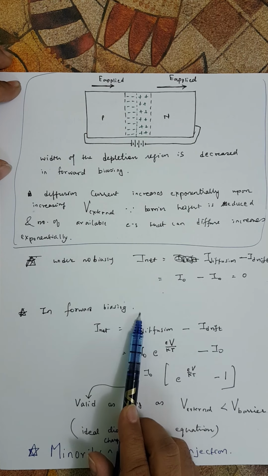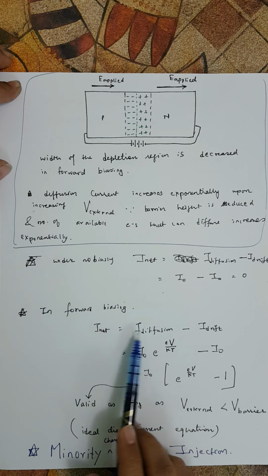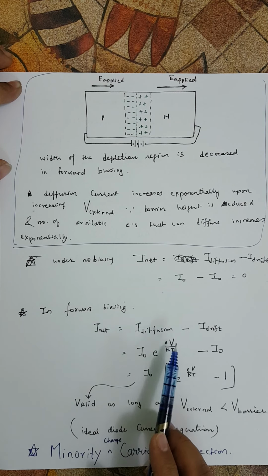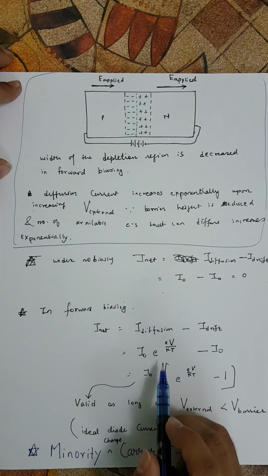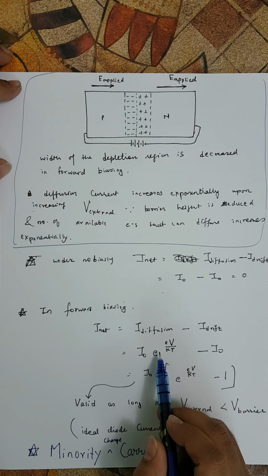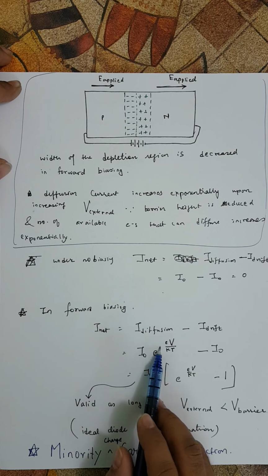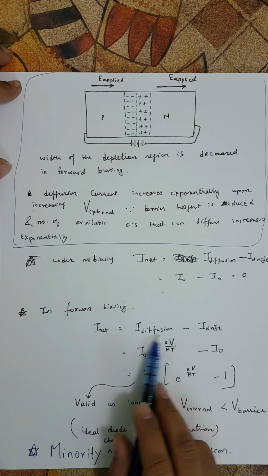But now in forward biasing, the diffusion current is increasing exponentially with the applied voltage. So the expression after derivation, there is some semiconductor theory, we don't have that in our syllabus, but this diffusion current comes out to be like this.